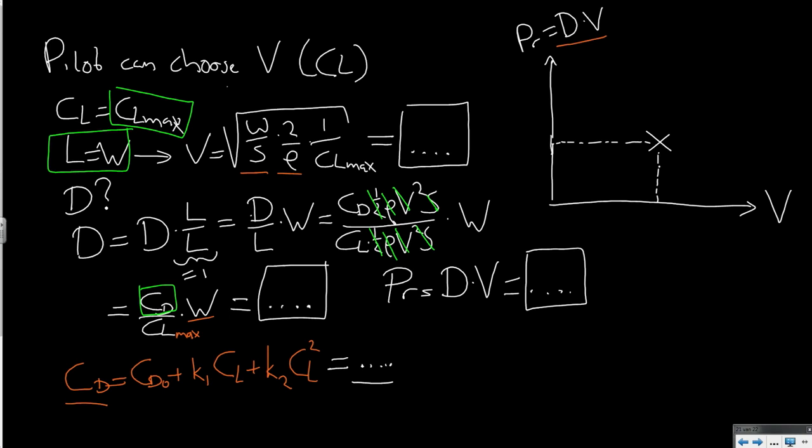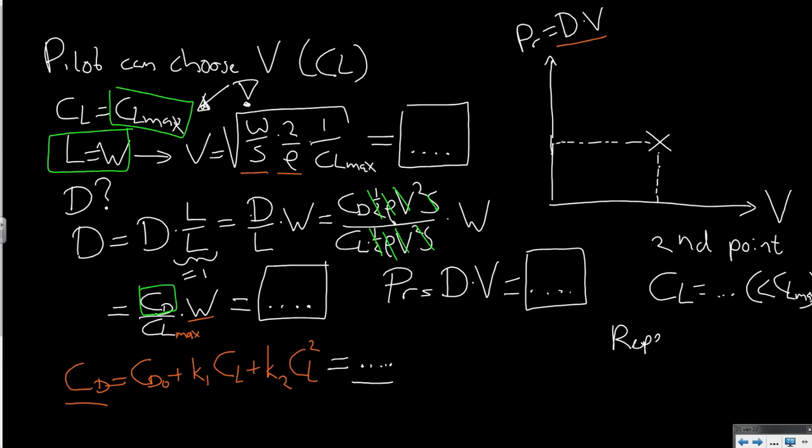Now we started off with CL max. If we want a second point on the diagram, we can simply assume that we have some other value of CL, which should be smaller than CL max, and we repeat the whole calculation.